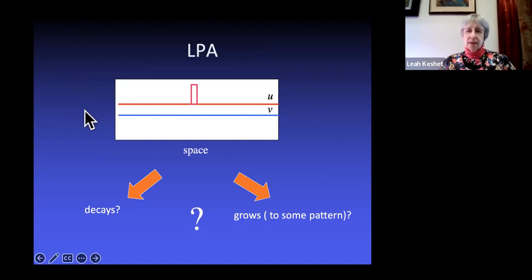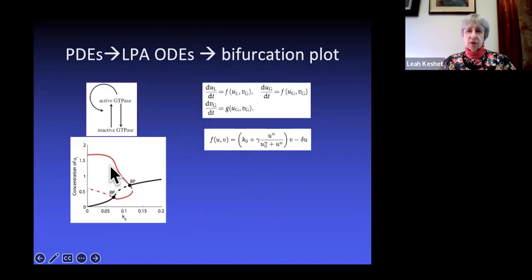Essentially, it's a shortcut method that answers just one question. If you have a reaction diffusion system and you stimulate it with a small pulse, will that pulse decay or will it grow? And how does it depend on the pulse magnitude, the amplitude of the pulse?